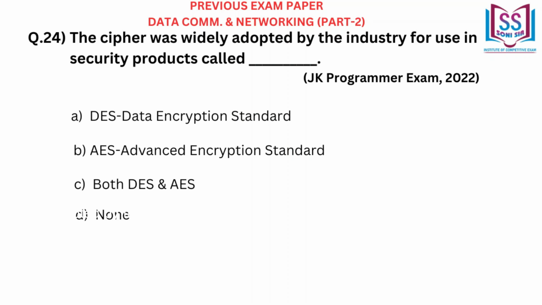The cipher was widely adopted by the industry for use in security products called dash. A. DES, Data Encryption Standard. B. AES, Advanced Encryption Standard. C. Both DES and AES. D. None.